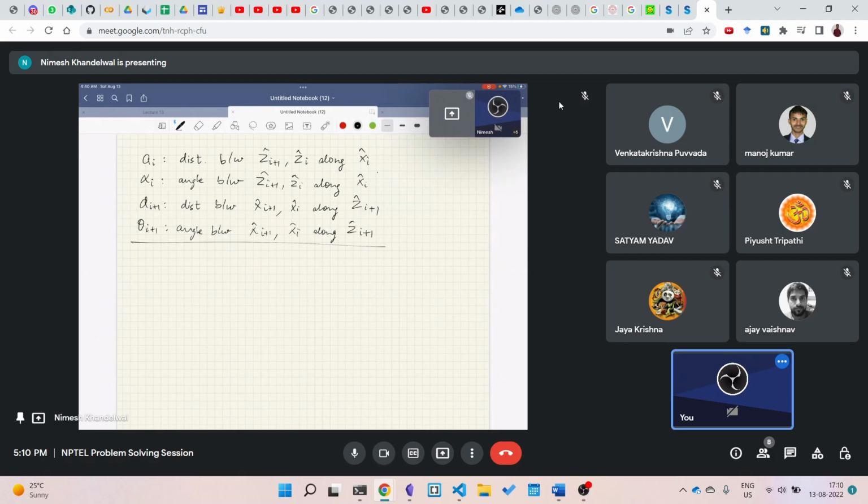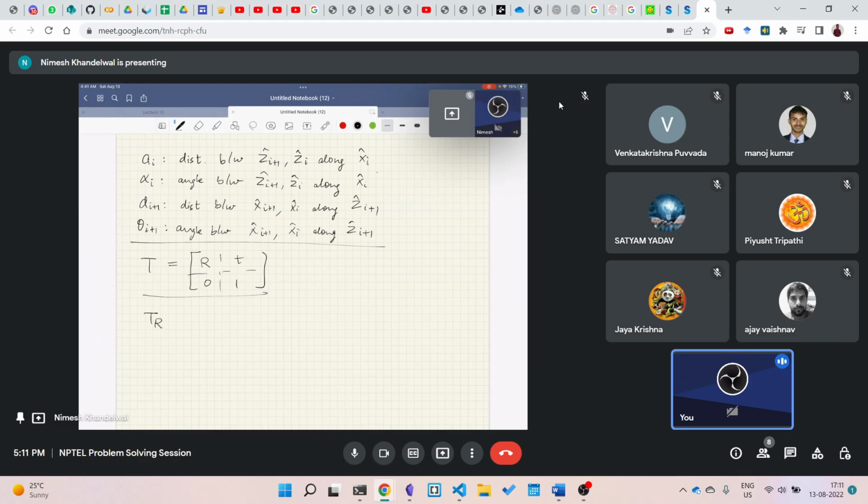Okay, so I'll do one thing. I will define two transformations, TR and T translation. Any general transformation matrix is of this form, so I'll break it into two parts.